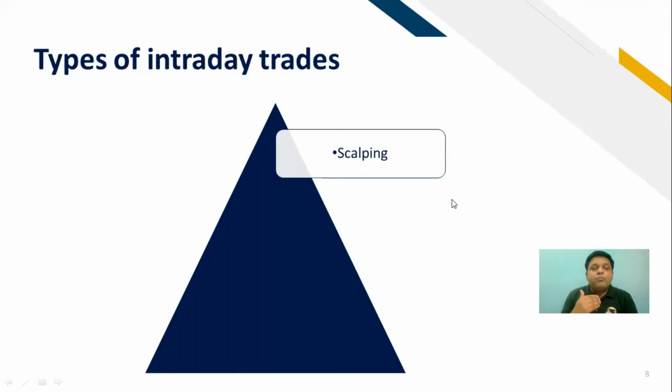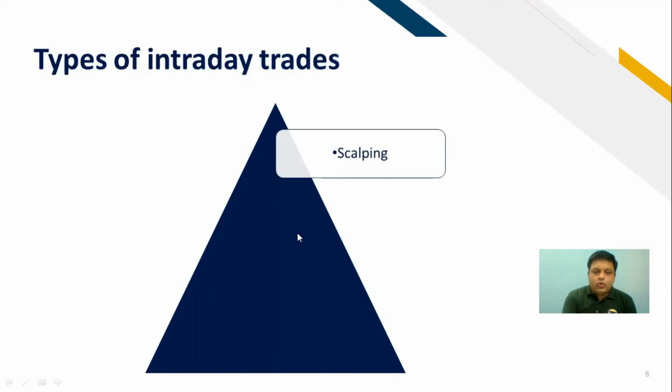He is going to do multiple trades and his time frame will be very, very short. If you understand the meaning of chart time frame, you might be trading in 1 minute or less. It doesn't mean that your trade will get over in 1 minute, but the point is your chart time frame would be very small, right?